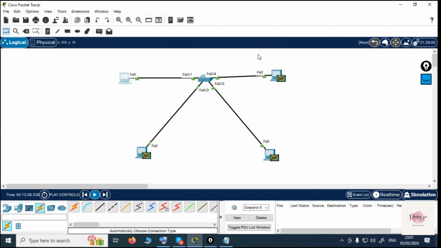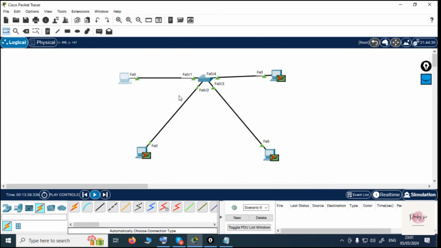Therefore, we can say that all the ports are present in one single broadcast domain by default. Therefore, switches also have a single broadcast domain by default. But in switches, we can have multiple broadcast domains and group these interfaces or ports into different broadcast domains. That we'll see later when we discuss VLANs and all.